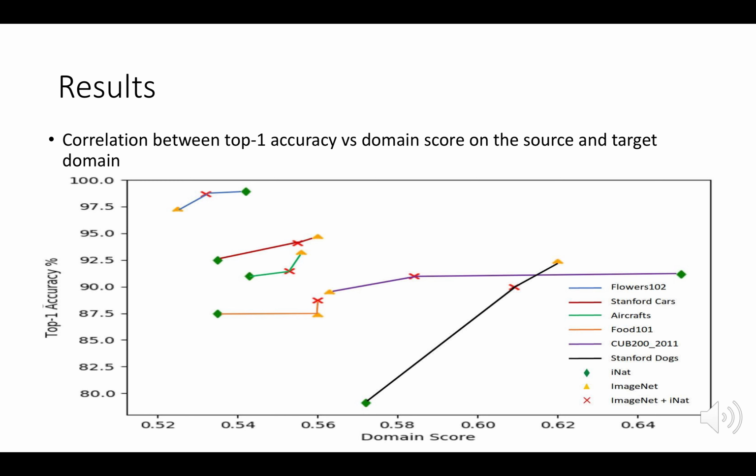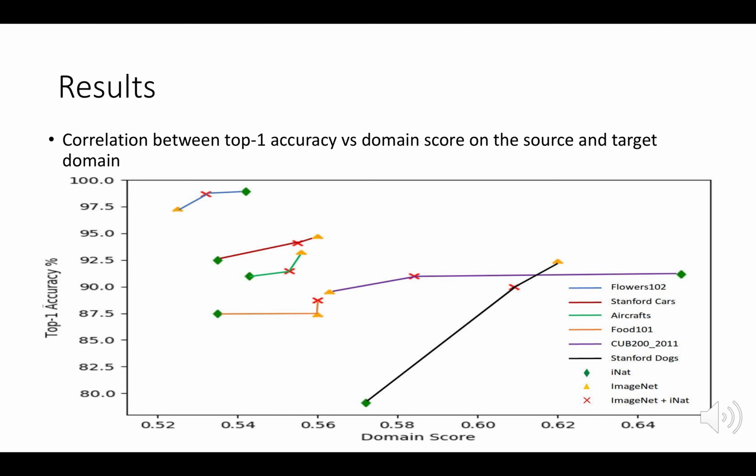The straight lines are the FGVC datasets, and the pointers, like the green diamond, the red cross and the yellow triangle, are the large-scale datasets. As you can see, it is positively correlated between top one accuracy and domain score. If you have a higher domain score, it tends to get higher accuracy from the source large-scale dataset to the FGVC dataset.